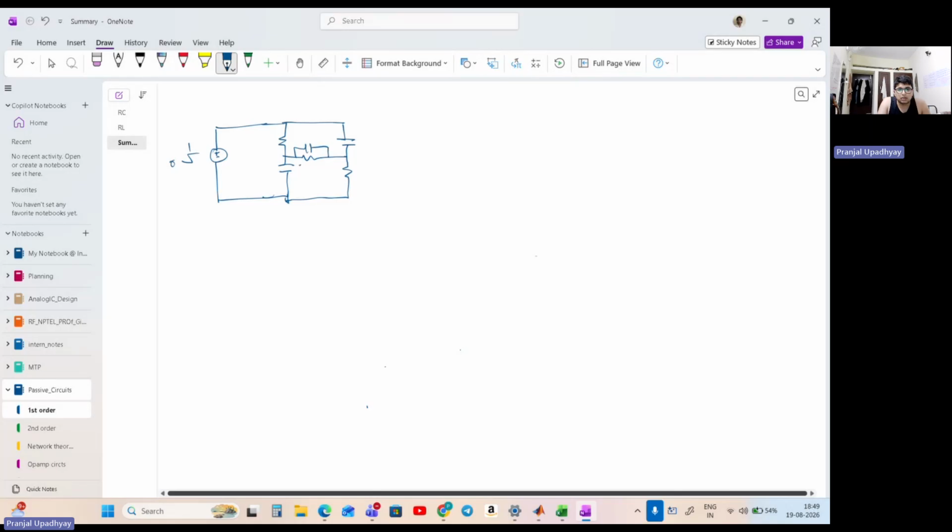And here, the way that we were basically observing the output was like this, as far as I recall. So at high frequency, it will be positive, and at low frequency, this will be negative. I think the sign convention was like this.